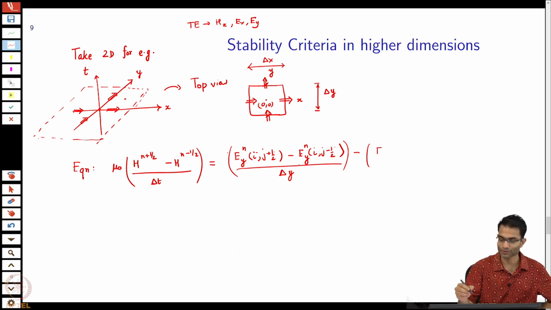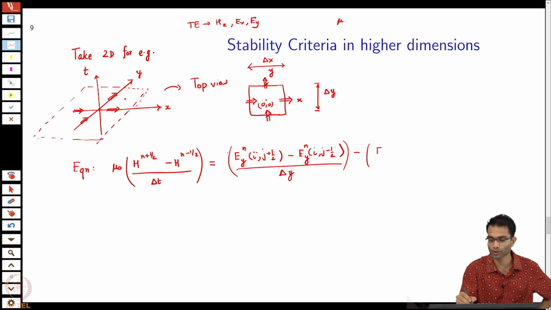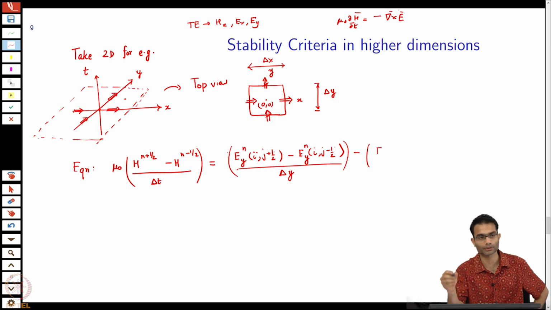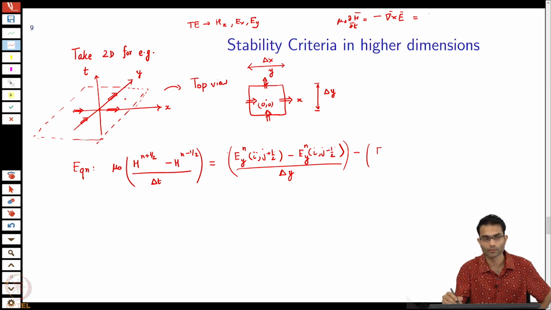So let's write, actually what we should do is write down the equation. So we have mu naught del h by del t is equal to minus curl of E, okay, and we are only looking at the z component. So this will become, what does this become? The first term will be, there is a minus sign, right. So del by del y of E x minus del by del x of E y.